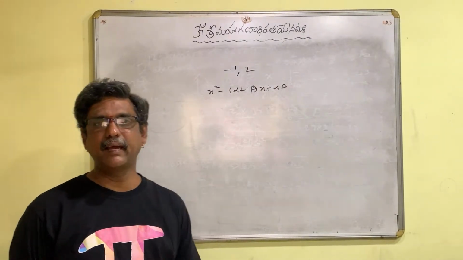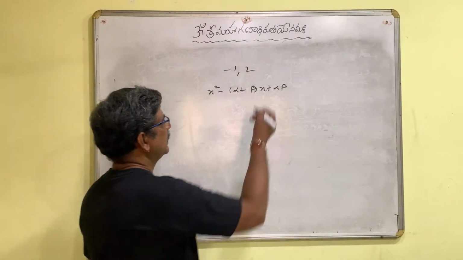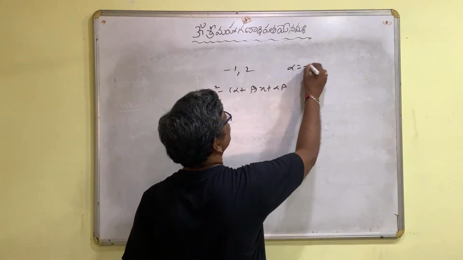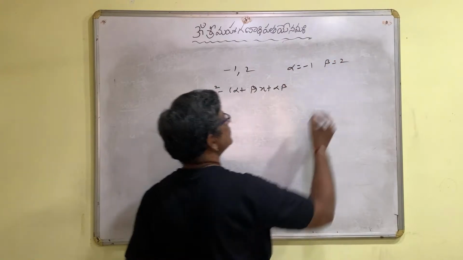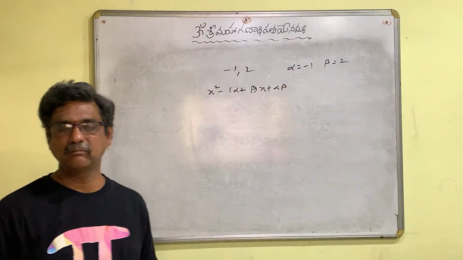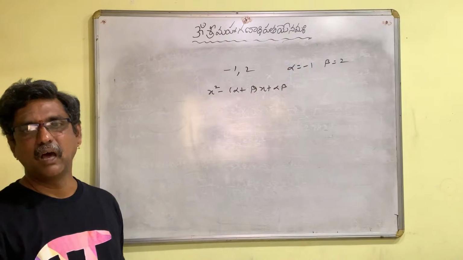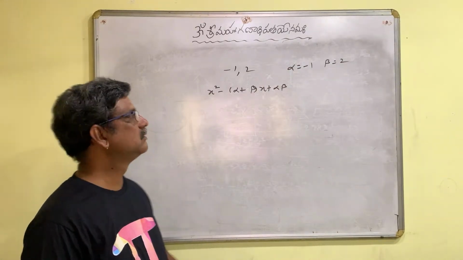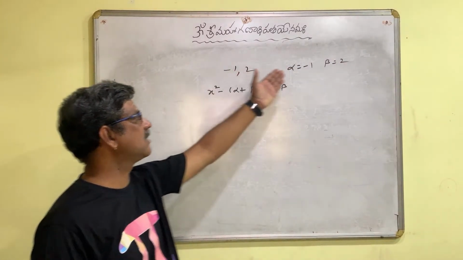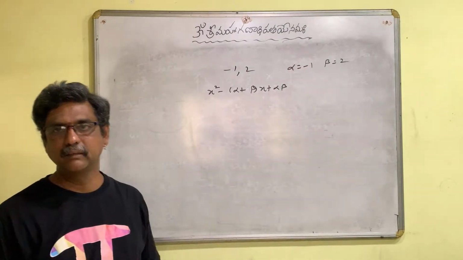What are alpha and beta? We assign one zero as alpha and the other zero as beta. They are unknowns. So we consider -1 as alpha and 2 as beta.